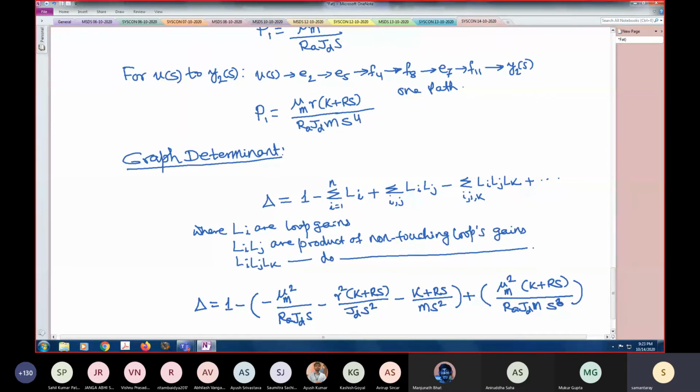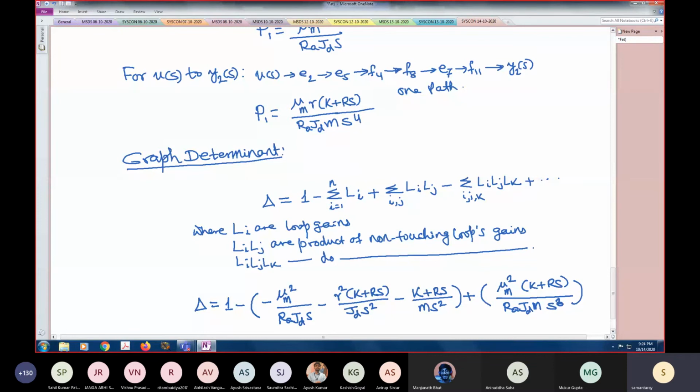Note that in this determinant, all terms are positive because each loop gain is negative. So when you take one minus the sum of loop gains, which are themselves negative, the terms become positive.